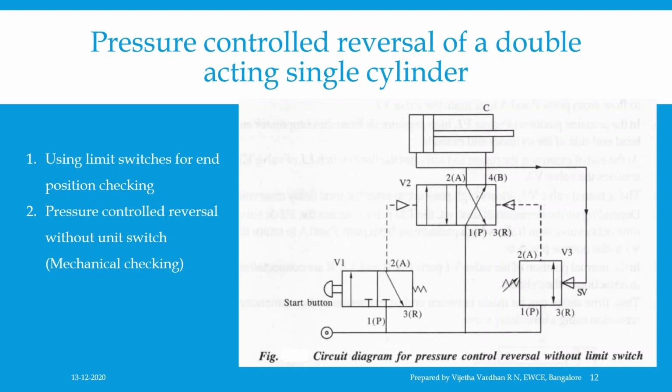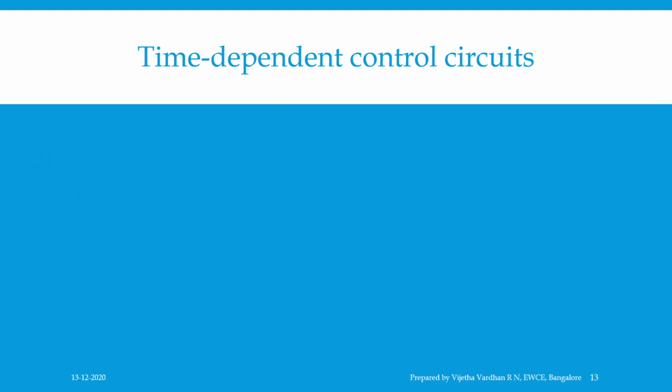Here, actuation and retraction of the cylinder is completely with the valves only. And then we are going to discuss the next concept, that is called time dependent control circuits, which is based on two concepts. First, we will discuss the reversal of double acting cylinders, that is nothing but checking of end of extension using a limit switch.